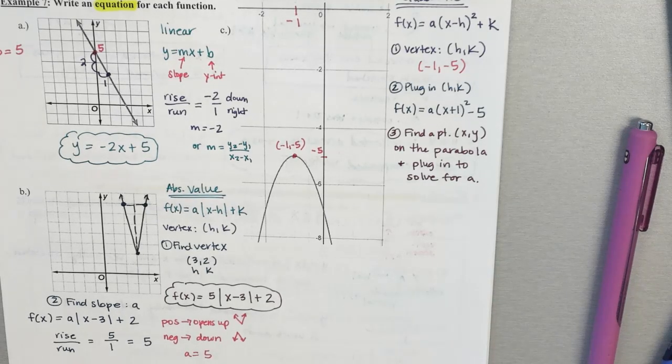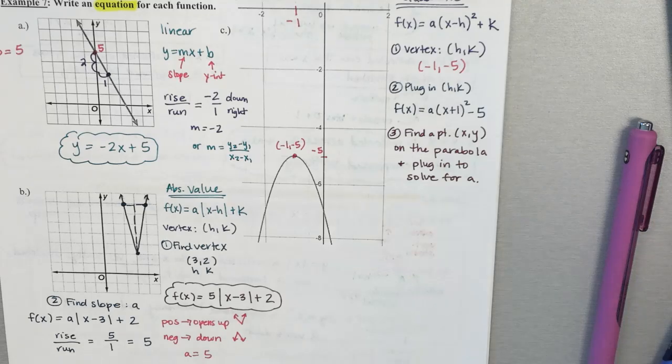And we're going to plug that into your equation, and we're going to solve that for a. So I want you to find a point right now on the graph. There's really two of them that you can use. And remember that any point you find is an x and a y. So when we plug it in, we're going to plug it in for x and y.